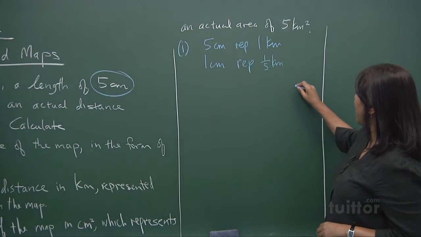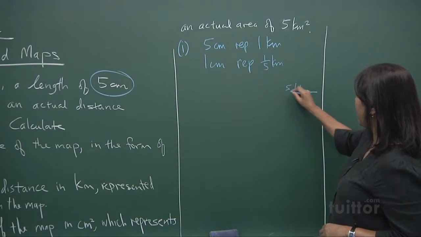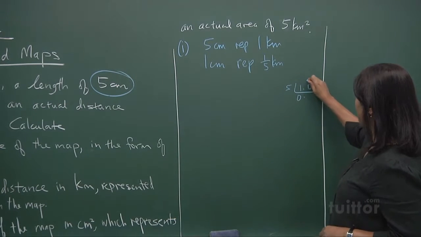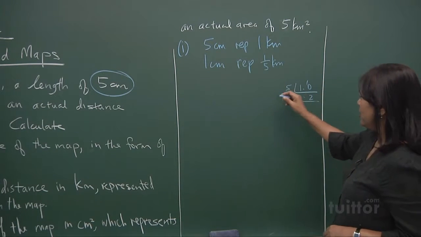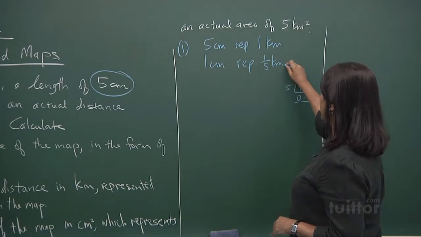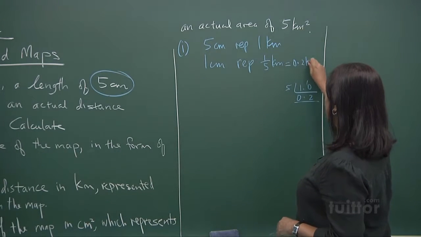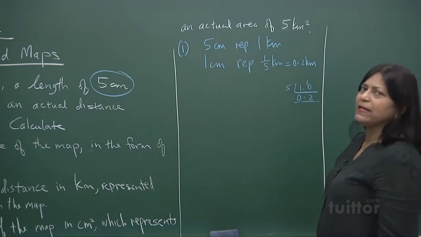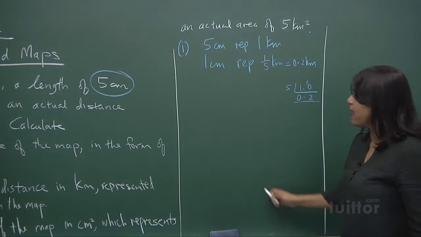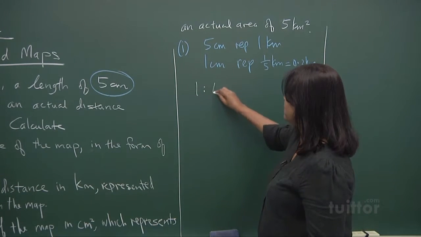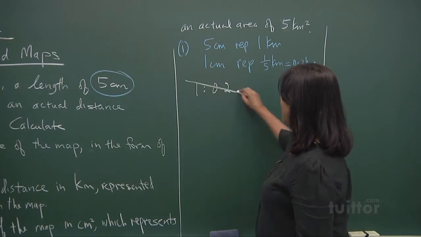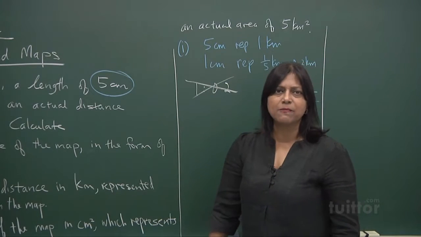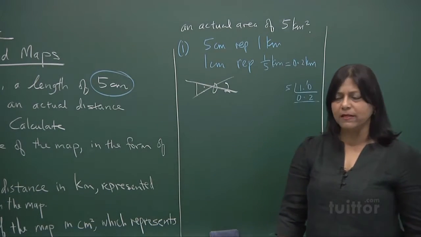If you take your 5 and divide into 1, you cannot, so you carry and get a 2. So it represents 0.2 kilometers. Now my dear friends, you cannot write 1:0.2. Ouch, no. They must be the same unit of measurement.